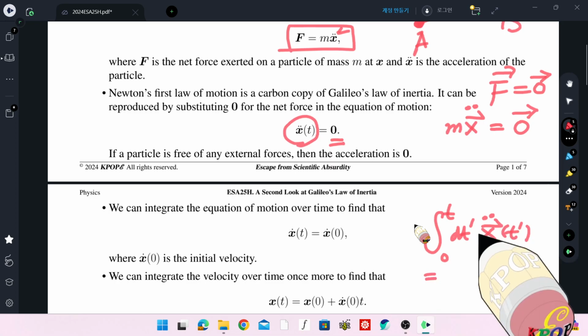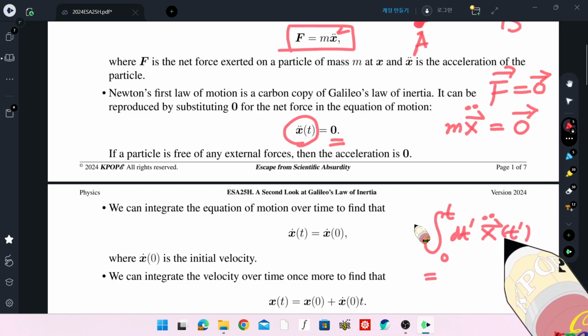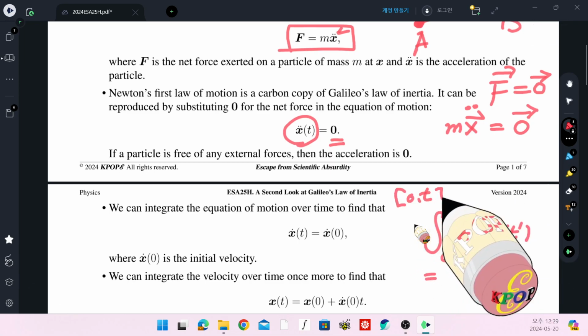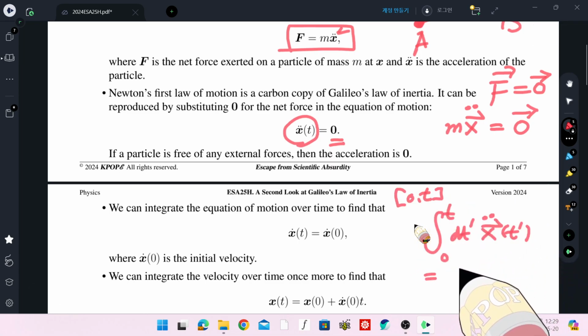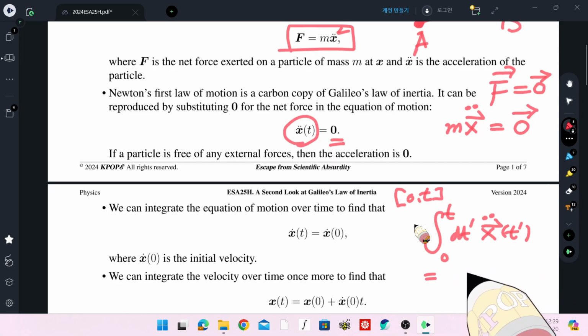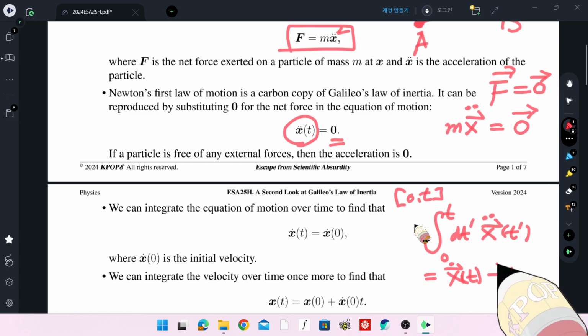I use t prime because it is integrated over an interval from 0 to t. This is a second order derivative. Therefore, the result is the difference of the first order derivative at both endpoints: x dot at t subtracted by x dot evaluated at t equals 0.